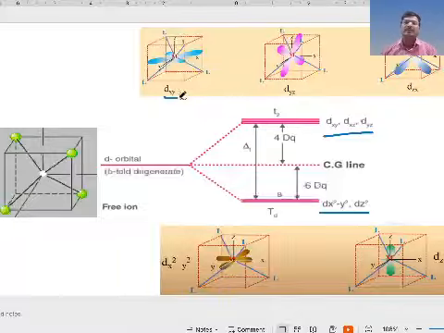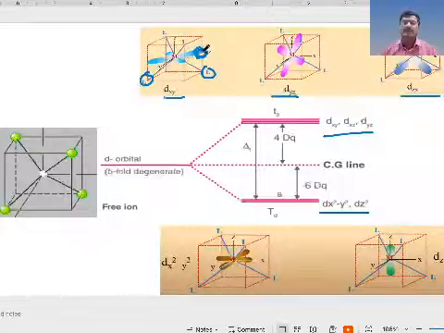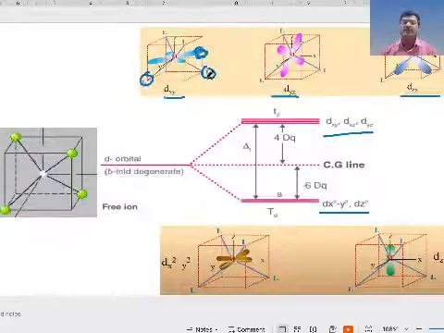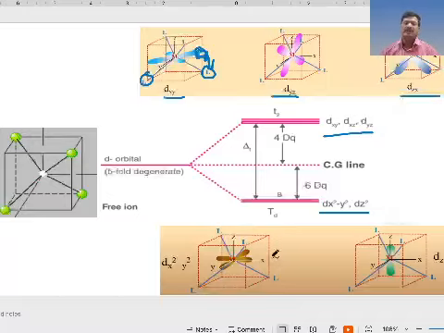When you come to dxy, dyz and xz, these orbitals are a little bit nearer to the ligand. The ligands are at the corners. The orbital lobe is between the center of the corners. That's why the distance between ligand and orbital is a little less, and that's why they have the higher energy.